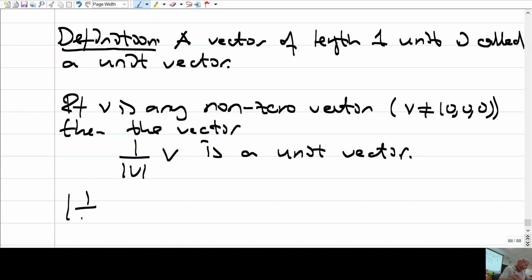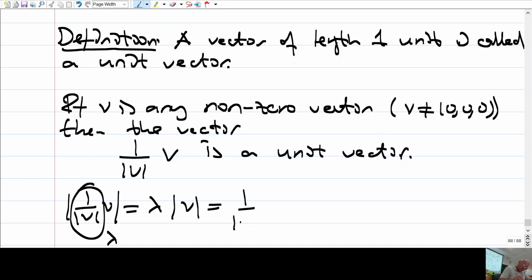Because the length of this is the following. This 1 over this number is a lambda, a real number. It goes out. You get this, but lambda is just 1 over this, and then you have this, so therefore it's equal to 1.